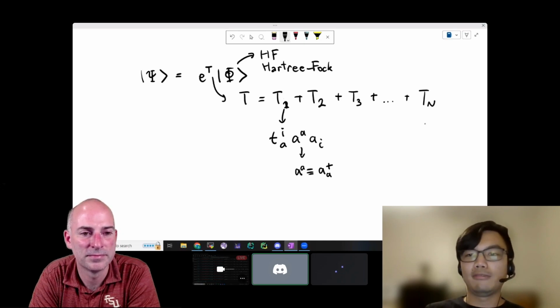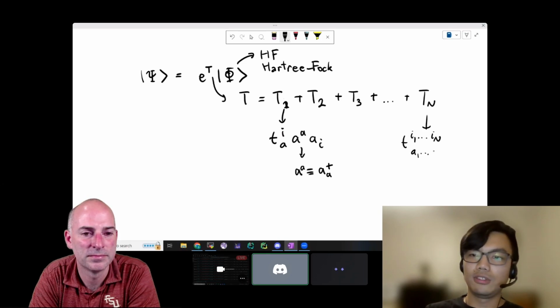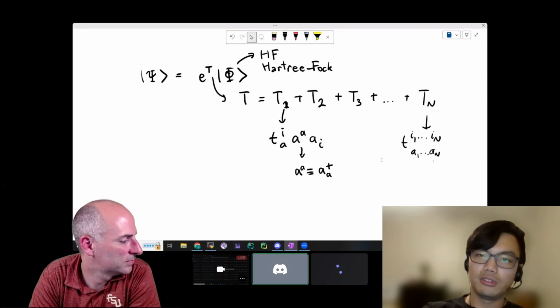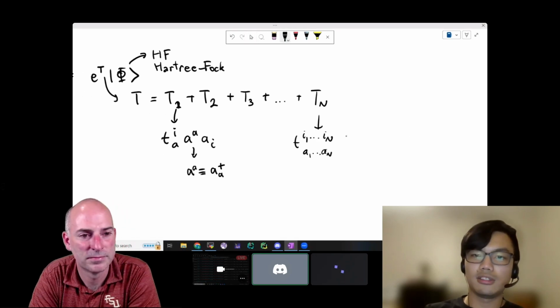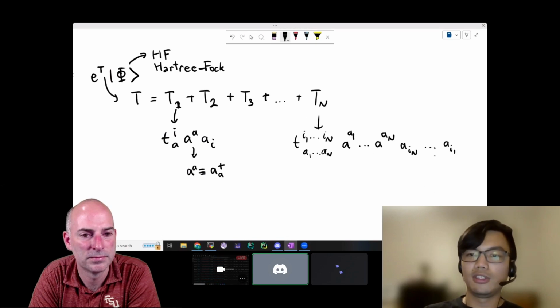So if you have T_n, it's going to look like I1 to In, A1 to An, and then the creation operators A_A1 through A_An, and the annihilators I_n through I_1. Notice that for the annihilator, you write it in the reverse order.